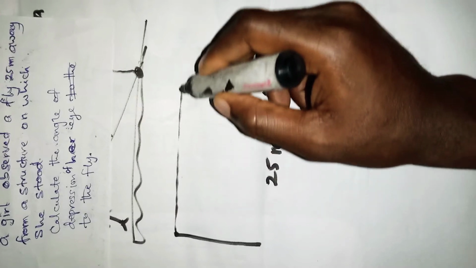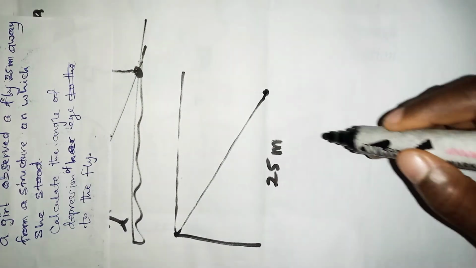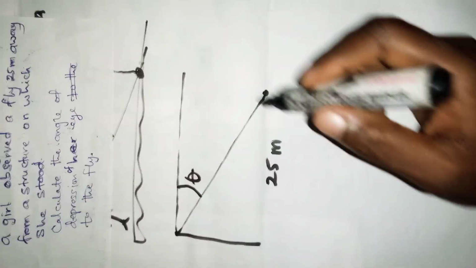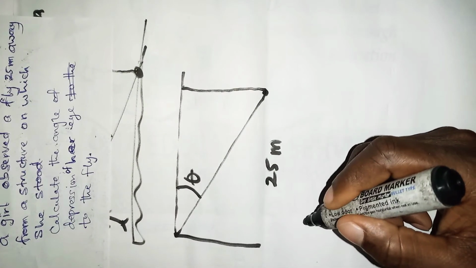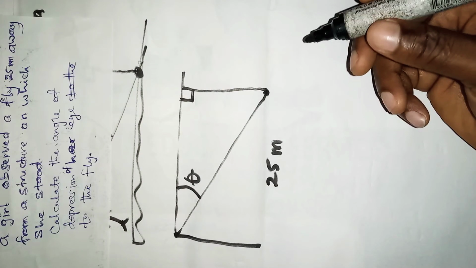This is the eye level of the girl, and now the girl views the fly on the floor, hence forming an angle named an angle of depression, say theta. So we now have a right angle triangle.